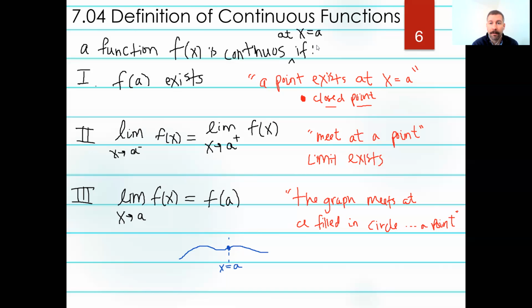There's something very important to note here: if any condition is not met, f of x is discontinuous.